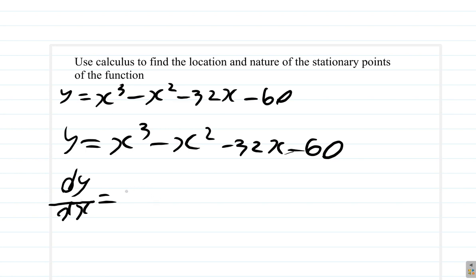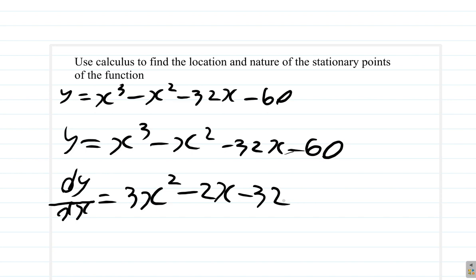We have 3x squared minus 2x minus 32. Remember the power rule, multiply by the whole power, then subtract 1 from the whole power to get the new power. Alright? Now this is a gradient function.